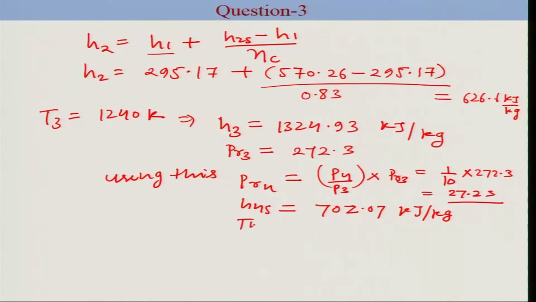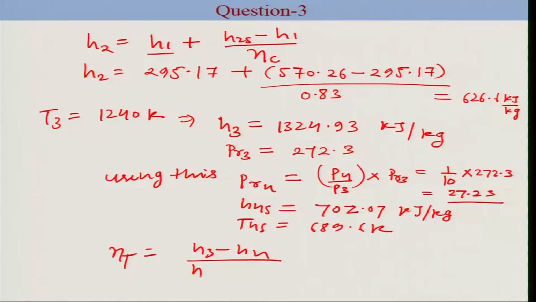and T4s equal to 689.6 Kelvin. Okay. So, from the isentropic efficiency of turbine, we can get H3 minus H4 equal to efficiency times H3 minus H4s. Okay. So, from here, after rearranging, we get H4 equal to H3 minus turbine efficiency times H3 minus H4s. Okay.